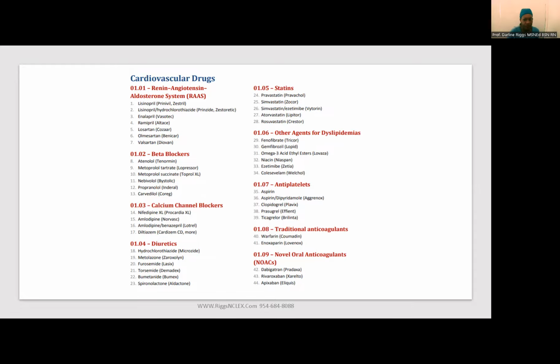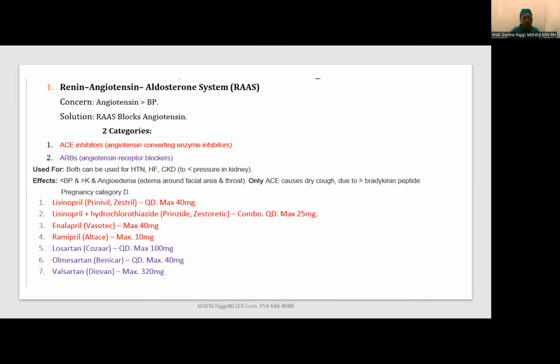Okay, so let's start from the beginning with the RAS. RAS stands for renin, angiotensin, aldosterone system. So we're going to talk about the kidneys just by me saying that. I want you to know what the acronyms stand for, because it's going to make sense how these drugs are lowering blood pressure, right?